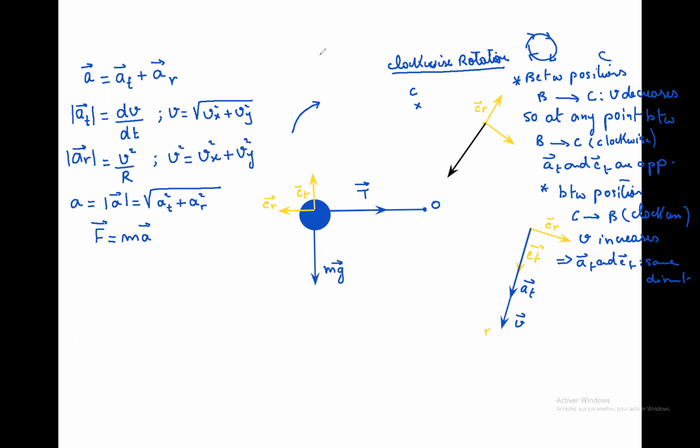And let's draw A. Here we have A radial. And you know, when the ball goes up, A tangent must take the opposite direction of ET because the velocity decreases. So here we have A tangent, here A radial and here A tangent.